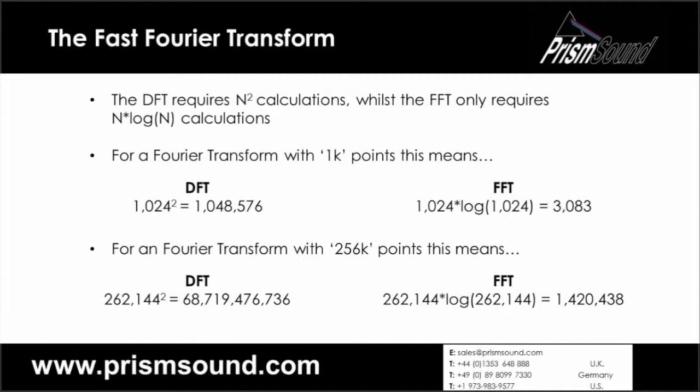So if we were doing a Fourier transform for what is commonly known as 1k points, it would mean for a DFT you're taking just over 1 million calculations, whereas an FFT takes just over 3,000 calculations. And if we go to the other end of the scale where we've got 250,000 FFT points, the DFT is taking just under 69 billion calculations, whereas the FFT takes about 1.4 million calculations. So you can see there's a pretty big difference in the amount of time it takes to perform these two transforms.